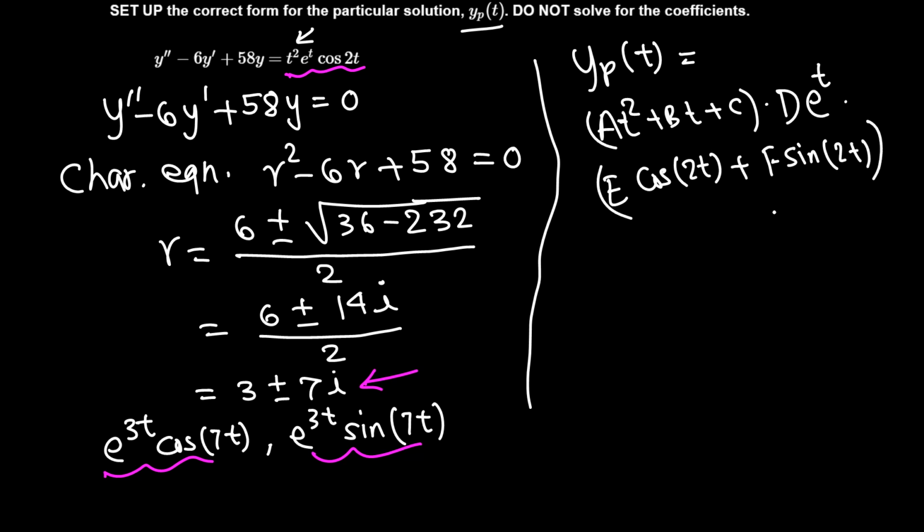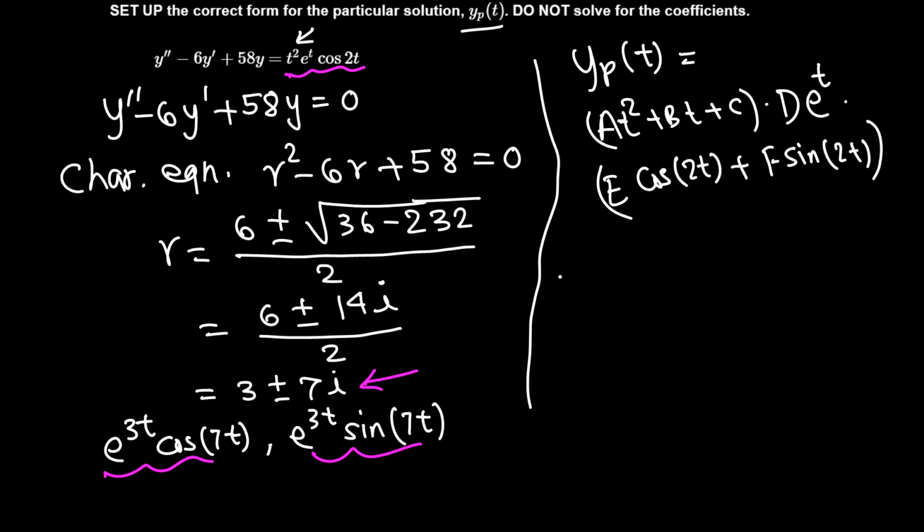Okay, this is a correct form but not efficient, because we have a lot of constants here, we can get rid of some of them. If we multiply this d with this polynomial, then we'll have a times d, b times d, c times d, so we'll get new constants.